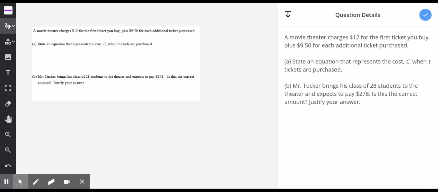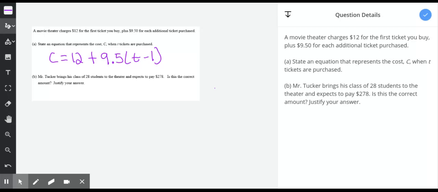So the first ticket I buy is $12. So that means it's going to be C equals $12 plus $9.50 for each additional ticket. Each additional ticket doesn't count the first one. So that means each additional ticket is T minus 1, because I have to subtract the first ticket, because that one I paid $12 for.